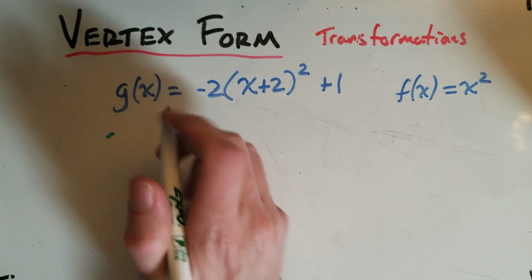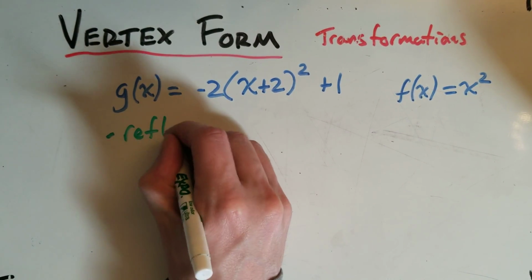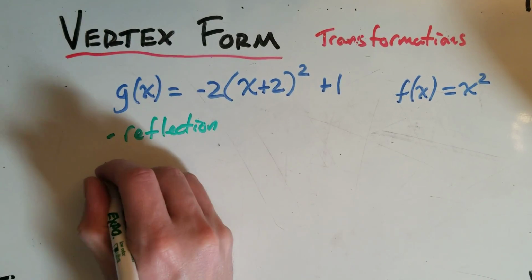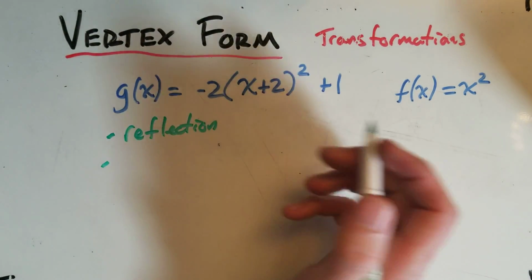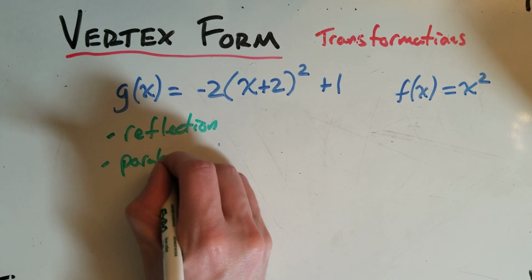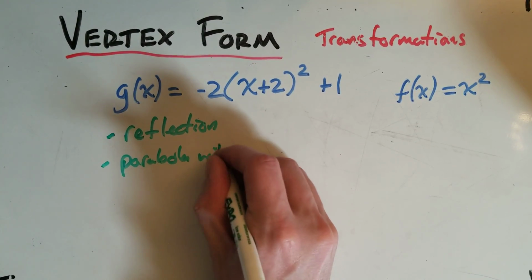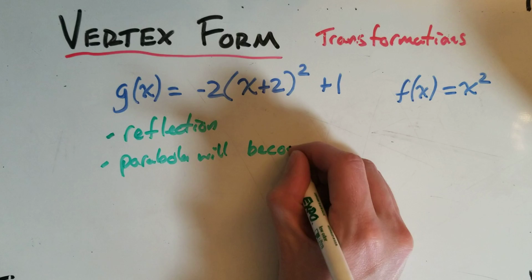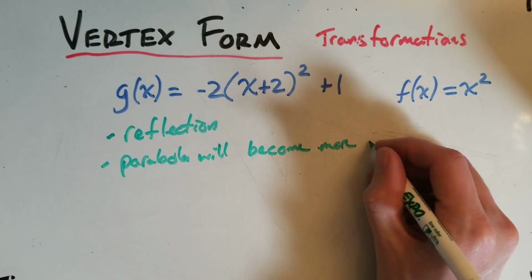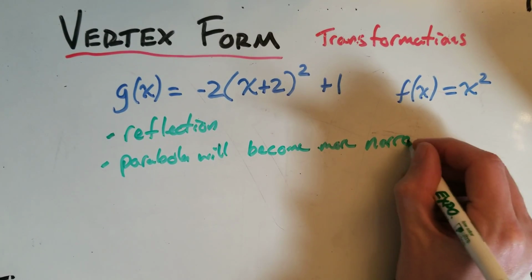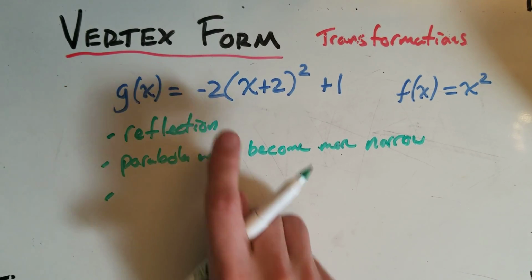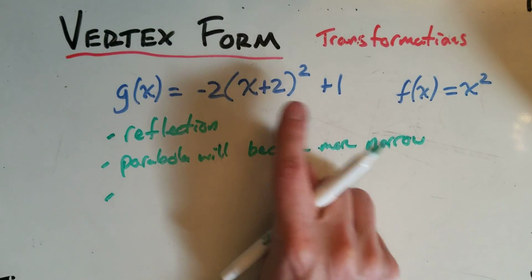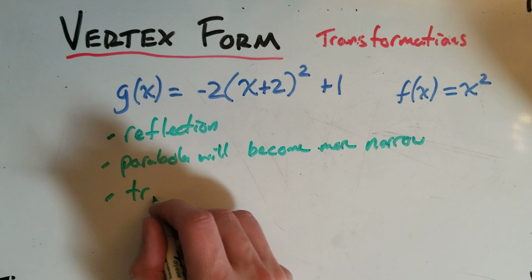We have a negative, so there's going to be a reflection here. And it's a 2, so it's going to be a dilation. The parabola will become more narrow. So we're going to become more narrow, we're going to reflect, and then we also have translations going on.